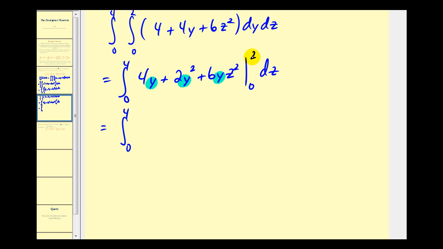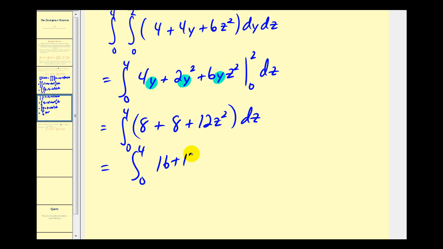So when y is equal to 2, we'll have 8 plus 8 plus 12z squared. That's going to give us 16 plus 12z squared. Integrating with respect to z, we get 16z plus 12 times z cubed over 3, that'll be 4z cubed.